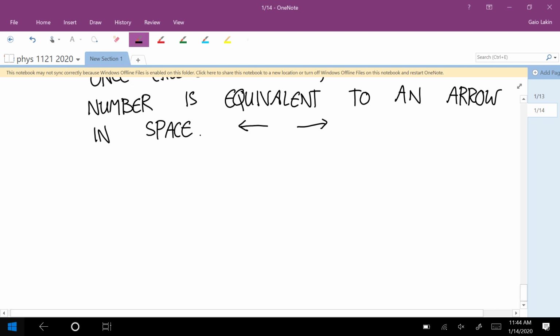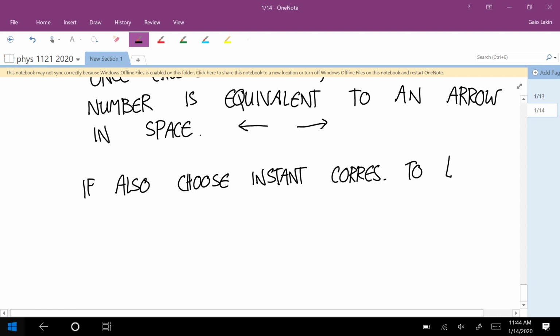If you also choose an instant that corresponds to time equals 0, then you can plot a position versus time graph.